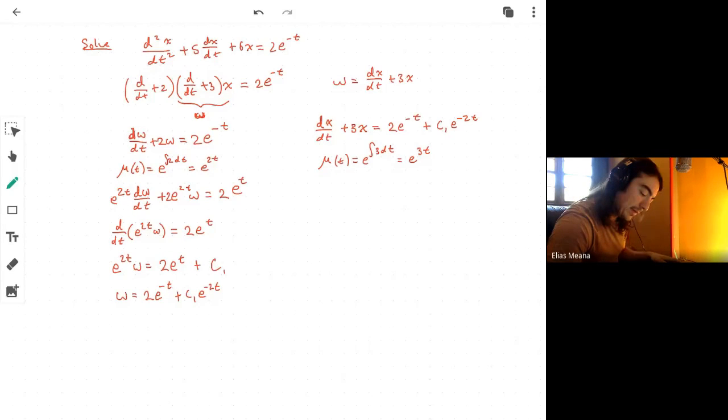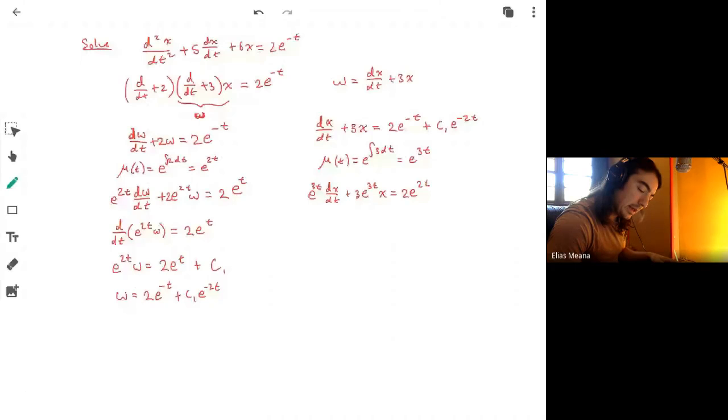So multiplying through, we get e^(3t) dx/dt plus 3e^(3t) x equals 2e^(2t), the 3 and minus 1 become just positive 2, and then we get plus C1 e^t if we multiply by e^(3t). The left-hand side becomes product rule, so we end up with just d/dt of e^(3t) x, and the right side stays the same: e^(2t) plus C1 e^t.